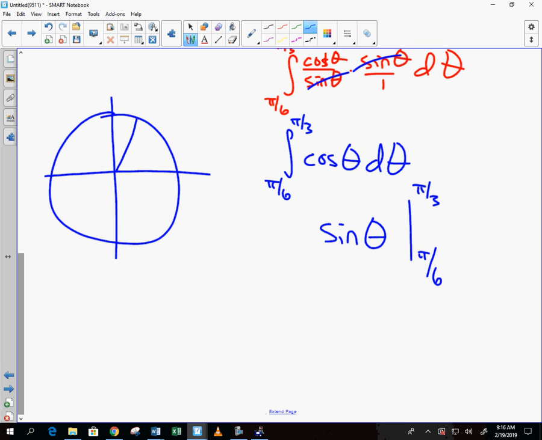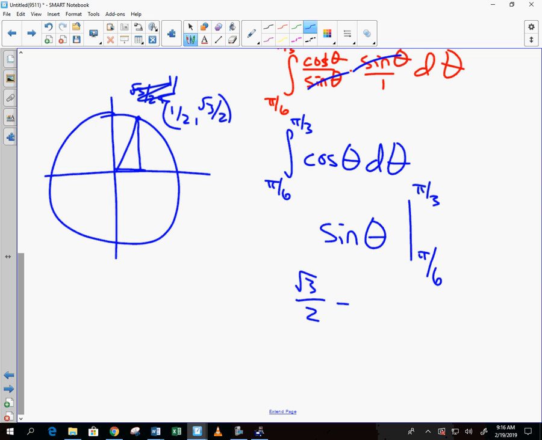What's the terminal point for 60 degrees? 1/2, root of 3 over 2 is the terminal point. So therefore, which is sine? Root of 3 over 2, it's the y value. Root of 3 over 2 minus.